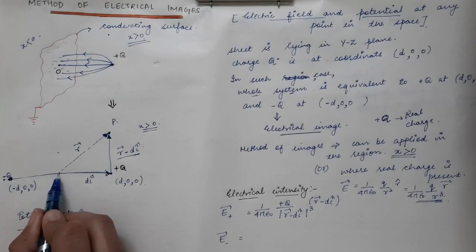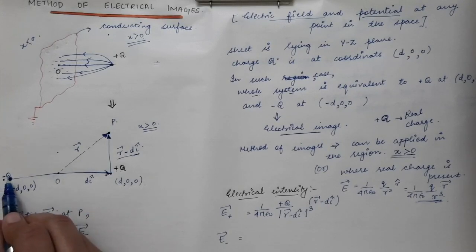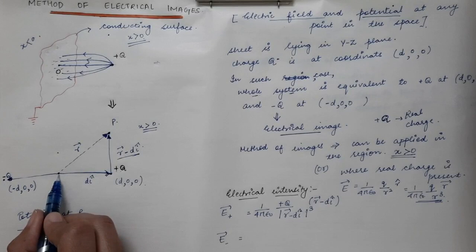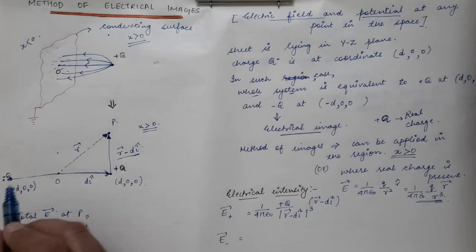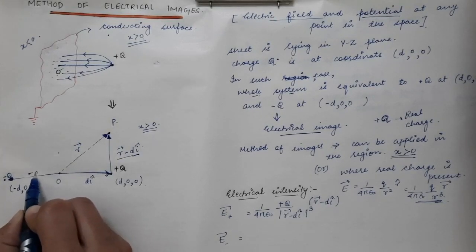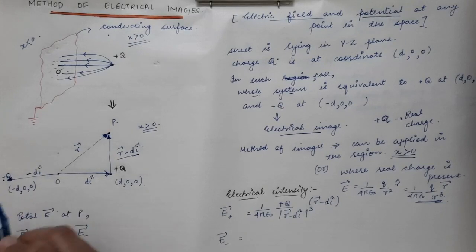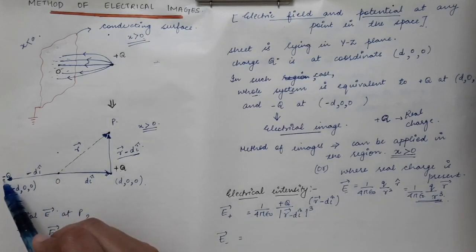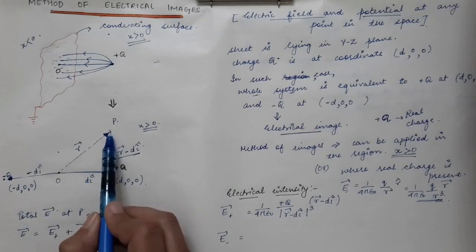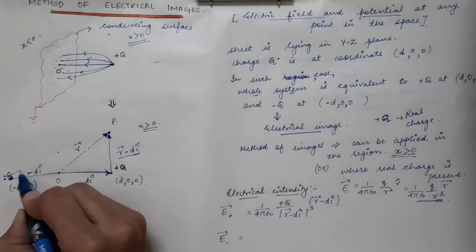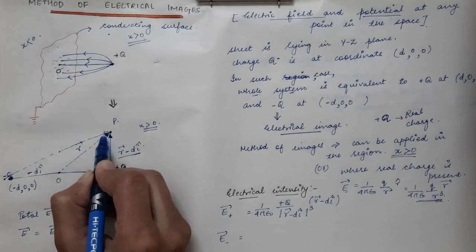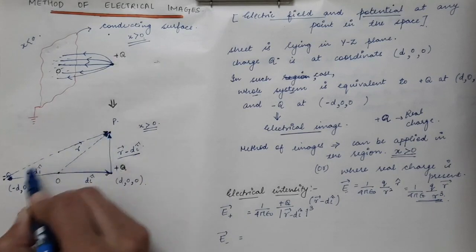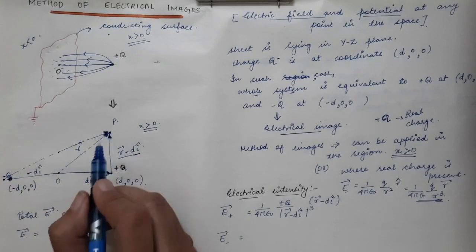The magnitude remains the same because minus Q is at equal distance from the origin, but in the opposite direction, so this vector will be minus d i cap. And to find the electric field, we must know the vector from the source charge to the observation point.